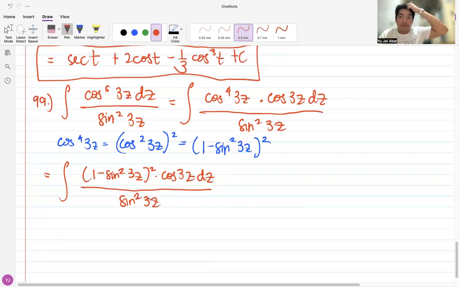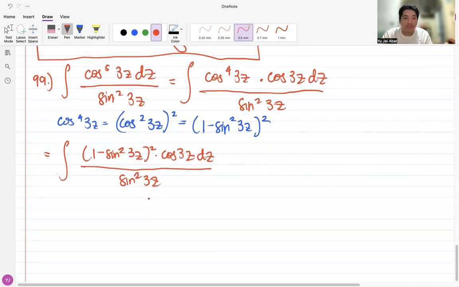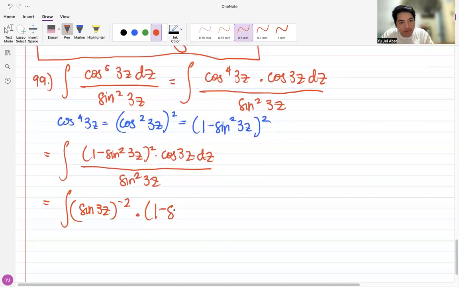The purpose of isolating cosine of 3z is for that to become the du later on. So it's the same old process that we did a while ago. I'm going to get the reciprocal of this, so this becomes sine of 3z raised to negative 2 multiplied by 1 minus sine squared of 3z, squared, cosine of 3z dz.